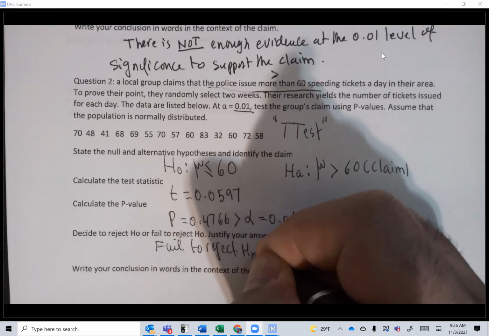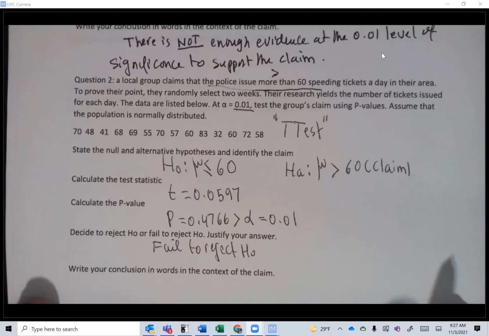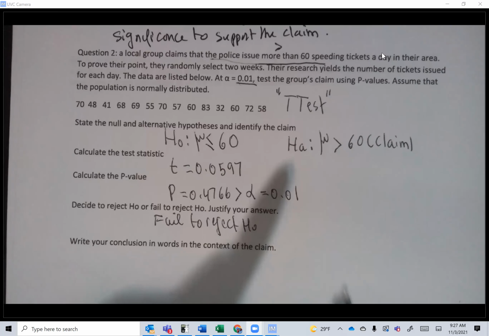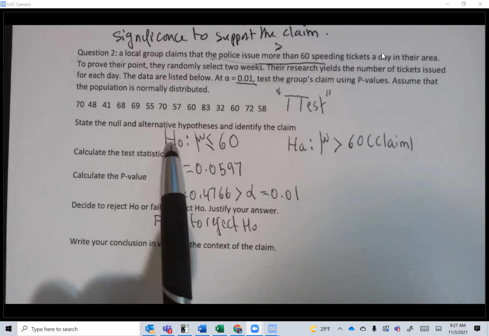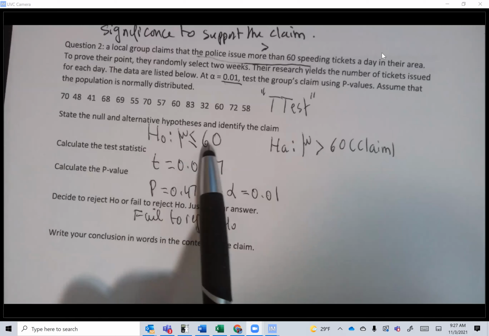And the conclusion, guys, is going to be exactly the same as the previous one. Your claim is in the alternative. You fail to reject the HO, that means you cannot support the claim.